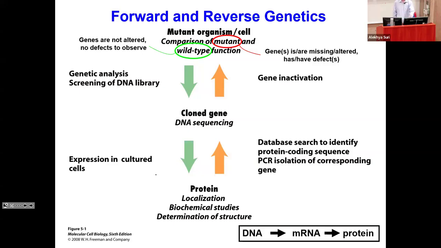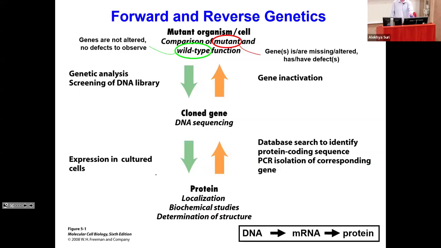Then you would obtain, for example, the gene, and you would create a mutant organism to see whether this novel protein has any function for life, for example in stress response and so on.